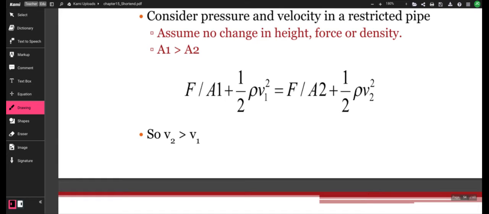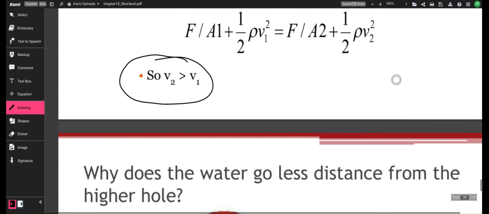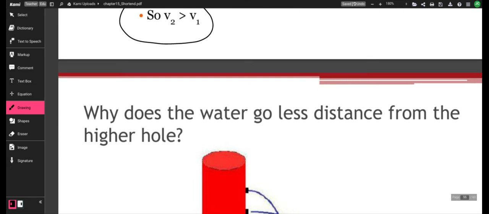If there's a change in the pressure, then the velocity has to change inversely. So as the area goes up on one side of the equation, the velocity has to change to keep this value constant. And so this reinforces exactly what the continuity principle said. It's an alternative way of looking at the continuity principle.